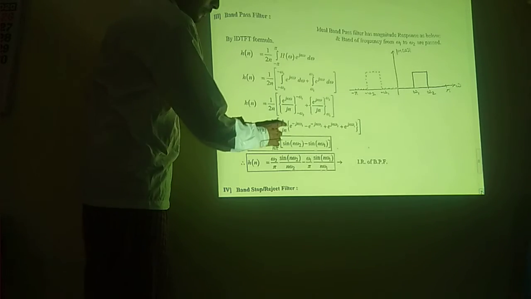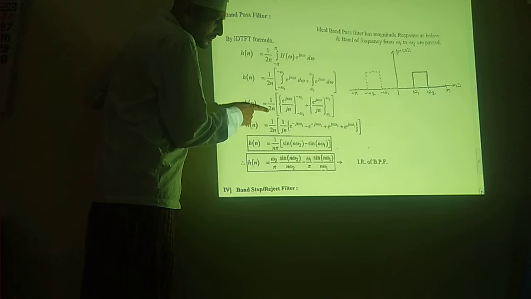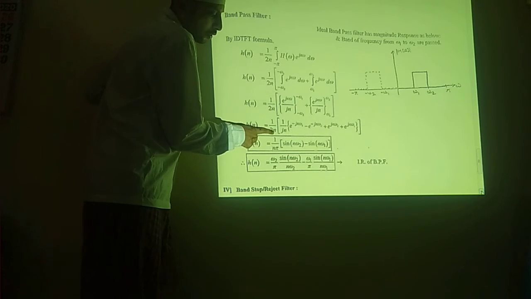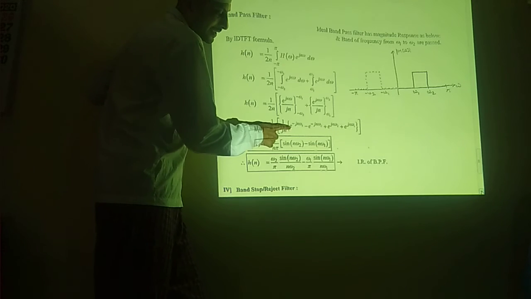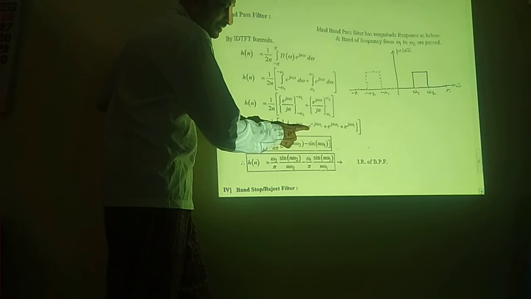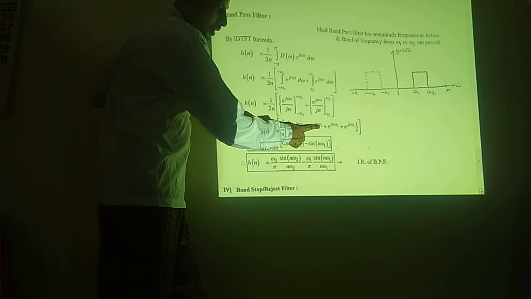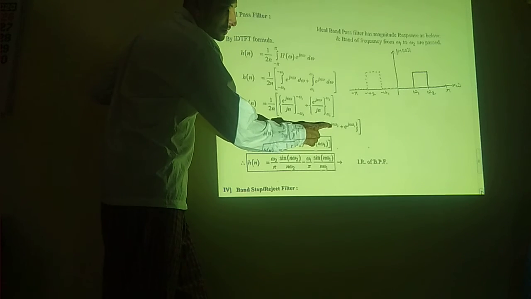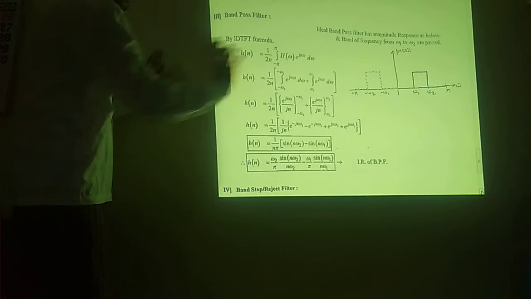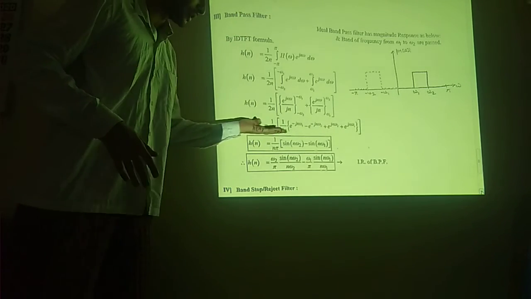I will get 1 upon j n, with the 2 pi factor, e raised to minus j n omega 1 minus e raised to minus j n omega 2, plus e raised to j n omega 2 minus e raised to j n omega 1. After that I have to take 2j inside.